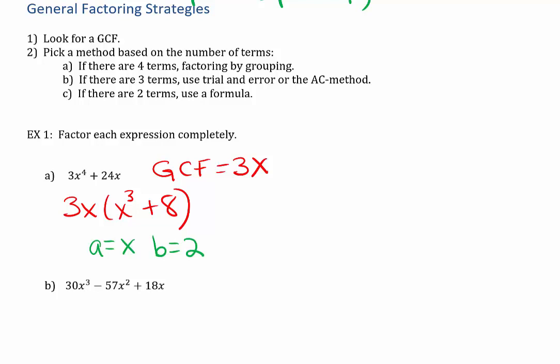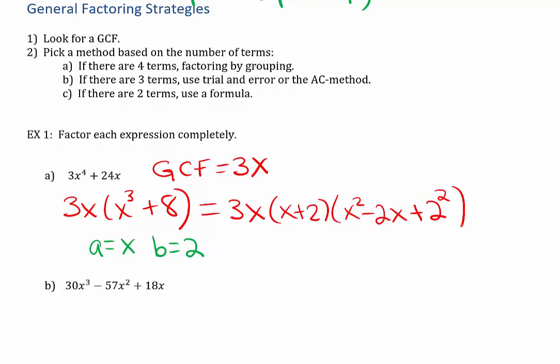When I use the formula, I'll be plugging in x for a and 2 for b, because 8 is 2 cubed. I keep the GCF in my answer. The 3x is part of the answer. And then I plug in the x's and the 2's. And my final answer is 3x, x plus 2, x squared minus 2x plus 4.